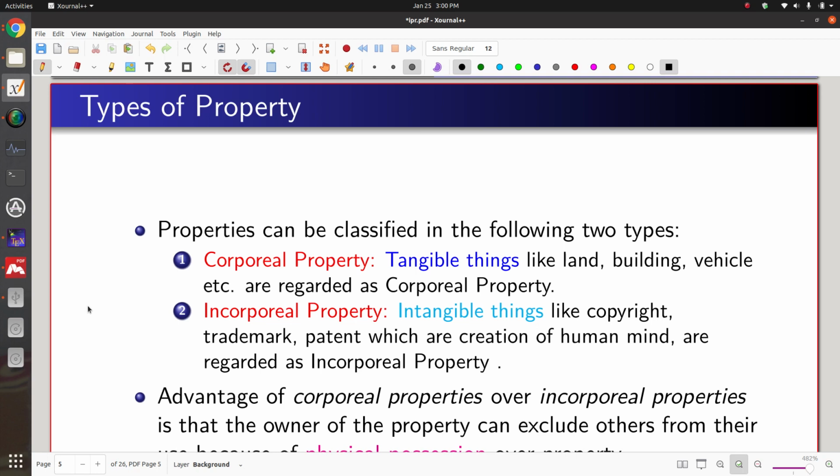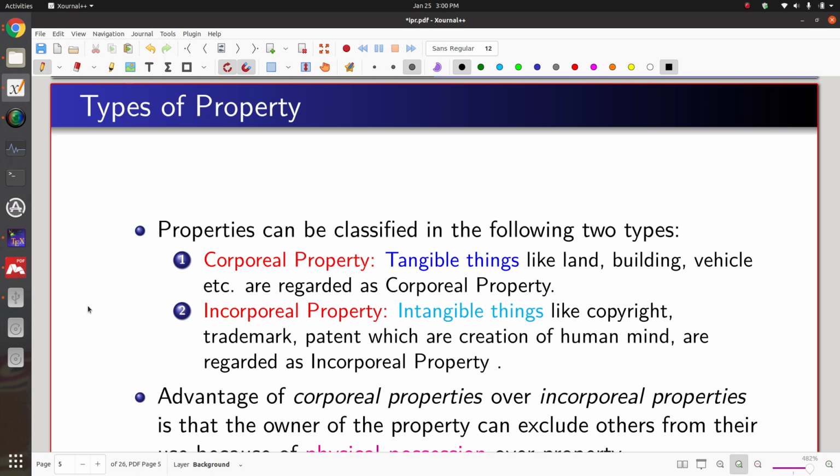Okay, so these are the properties that are created by humans applying their creativity, innovativeness, and critical thinking. Okay, so these are the properties that are completely the creation of the human mind.